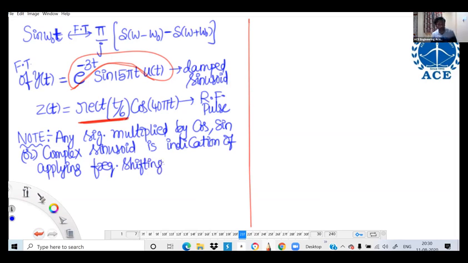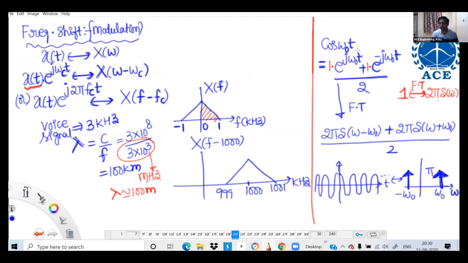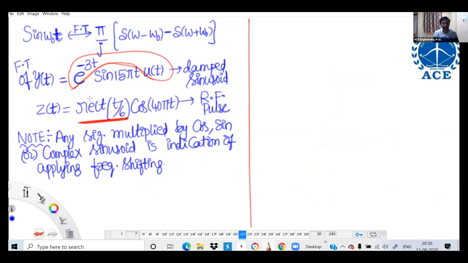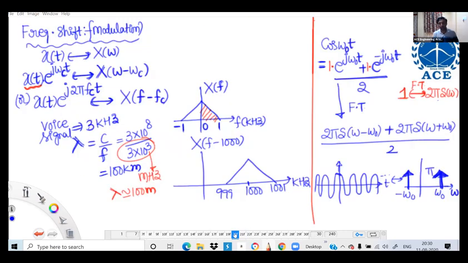Any signal multiplied by a cos term, sine term or complex sinusoid is an indication of applying frequency shifting property or not? Just go through the graph. Any signal x(t) multiplied by a complex sinusoid, sine term or cos term, take the other signal as reference and blindly apply frequency shifting. Tell me. Just go through the property, everyone.